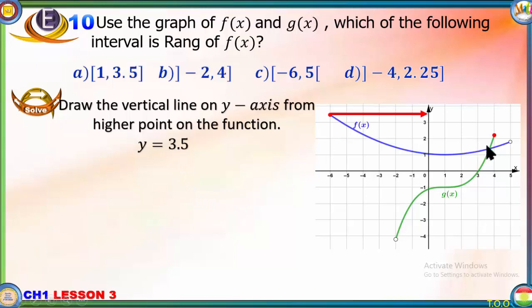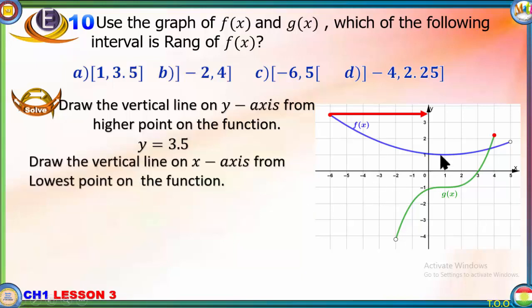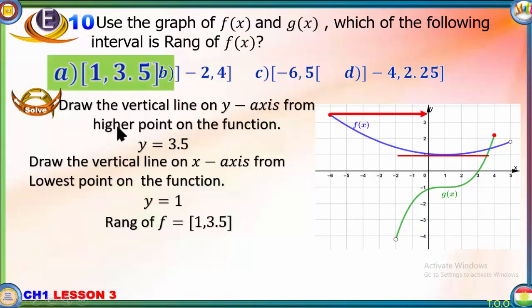Then draw another line from the lowest point. As you can see here, we have the lowest point. Draw a line to the y-axis and read the value of y. The value of y is 1. Then the range of f is 1 to 3.5. That means A is the correct answer.